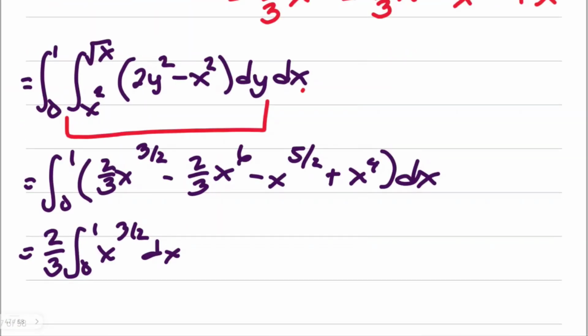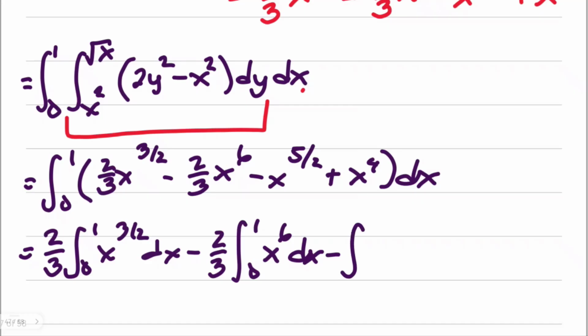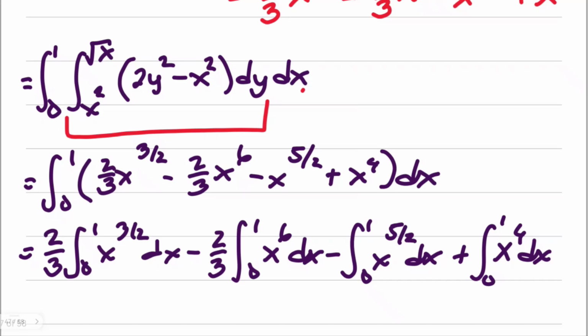So linearity property minus 2/3 integral from 0 to 1 of your x to the power of 6 dx minus integral, because we don't have any constant here, 0 to 1 x to the power of 5/2 dx, and of course plus x to the power of 4 dx from 0 to 1.